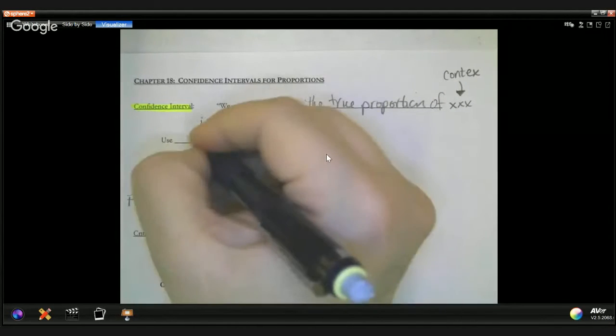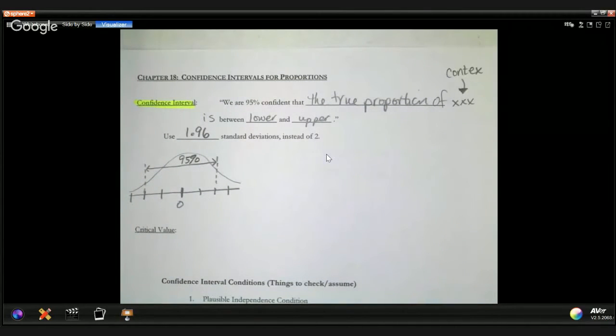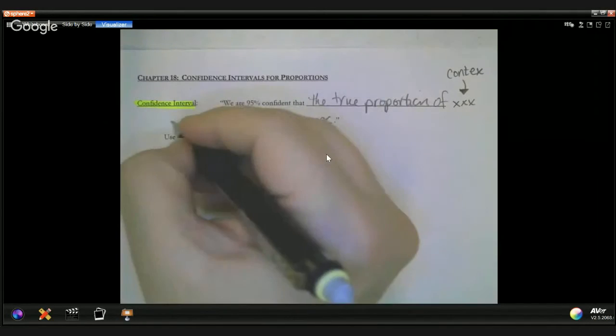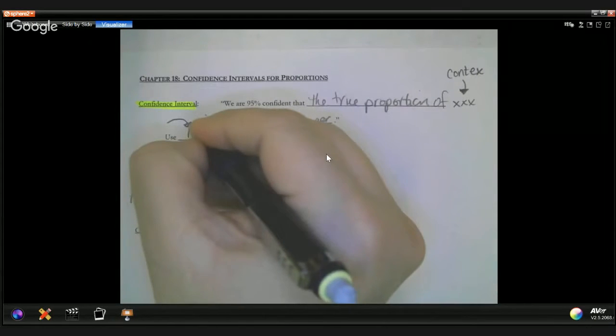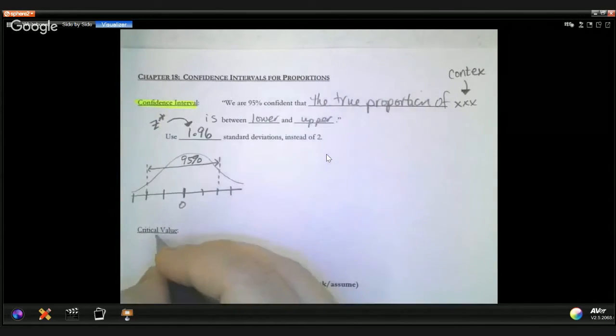I'm actually 1.96 tick marks away. And we've been using 2 instead just because it's an easier number to find. Okay, and this 1.96 is the amount of tick marks you are away, which is also your critical value, which is down here. It's the critical Z.